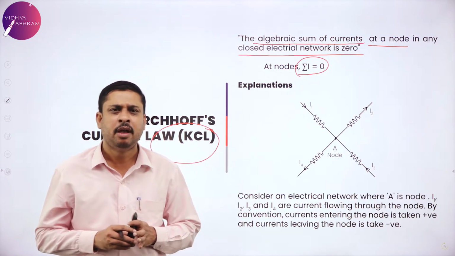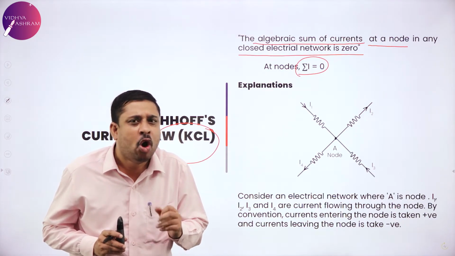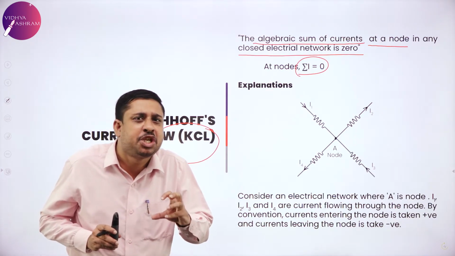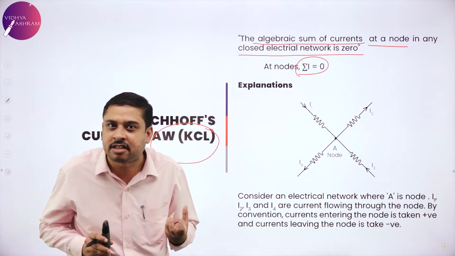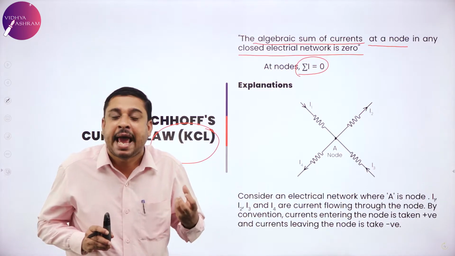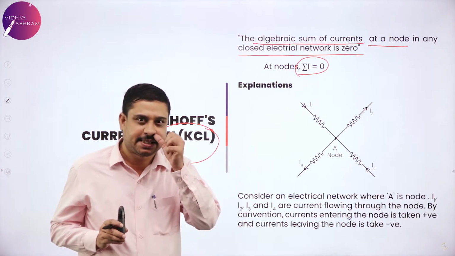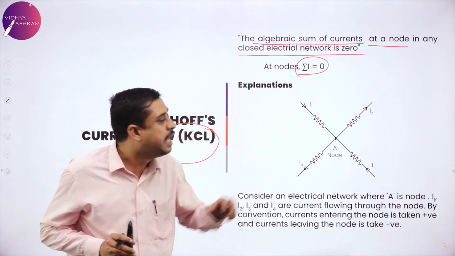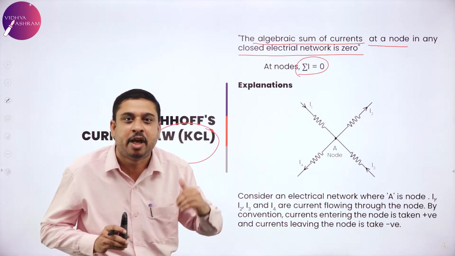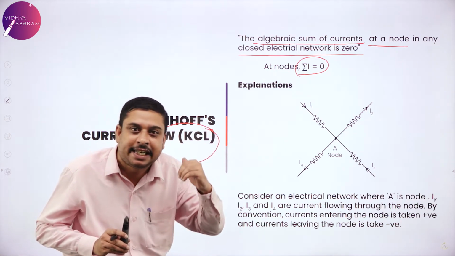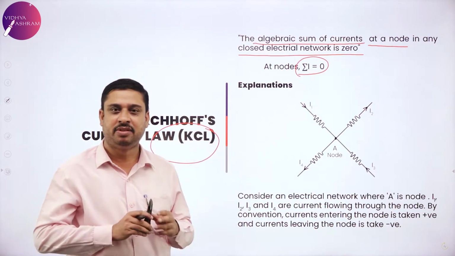Now my intention, friends, is to know what this algebraic sum of currents is. You remember electric charges, where we spoke of the algebraic sum of charges? I just told you that algebraic sum means taking both the positive sum as well as the negative sum.